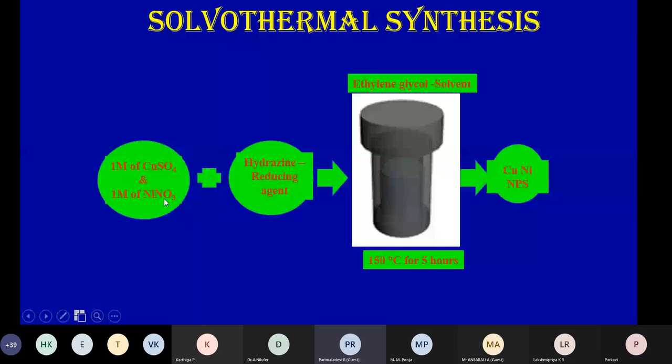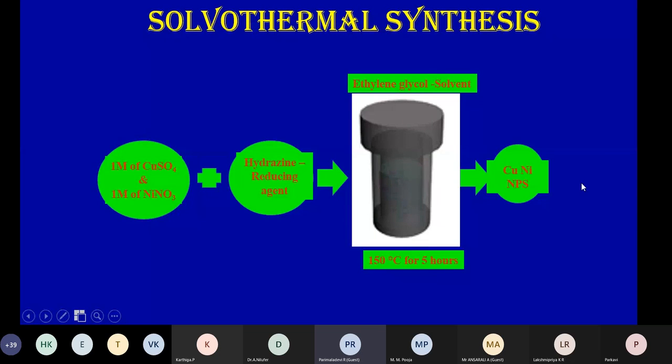For the copper sulfate and nickel nitrate we use ethylene glycol as a solvent. Because of the solvent and the heating, we call this method solvothermal. We transfer this to a Teflon coated autoclave, place it in a furnace, and treat it at 150 degrees Celsius for 5 hours.